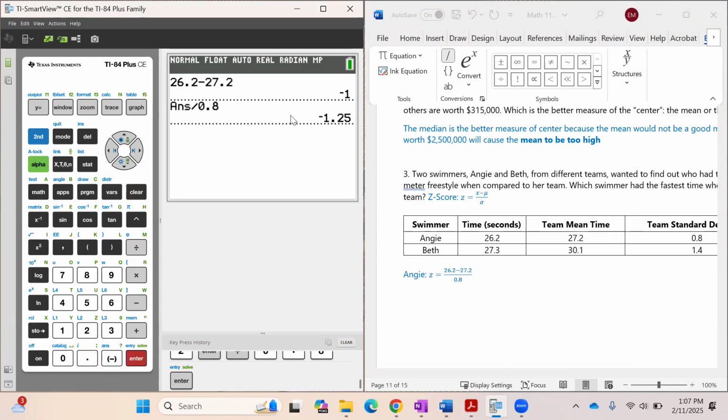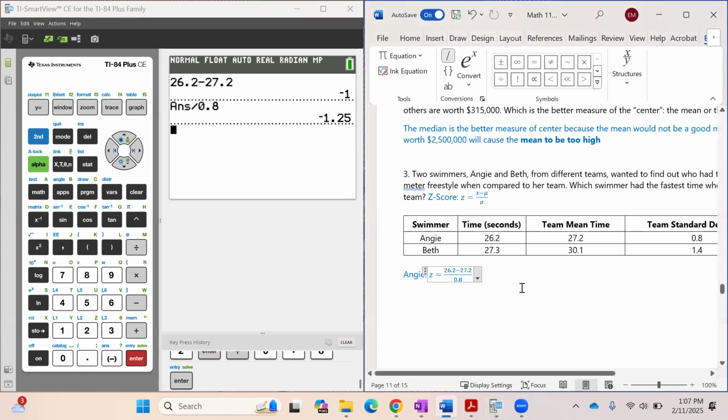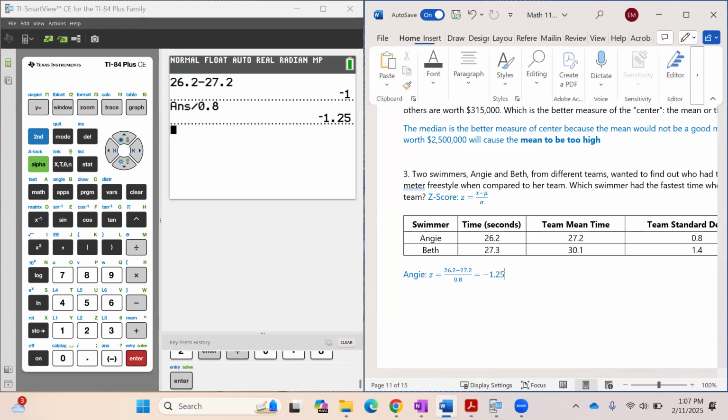And you get negative 1.25. That's the easiest way to do it to make sure you're not risking any calculator mishaps, because calculator mishaps happen. Make sure to just take it one step at a time. No need to rush it all through. So that's Angie's z-score.